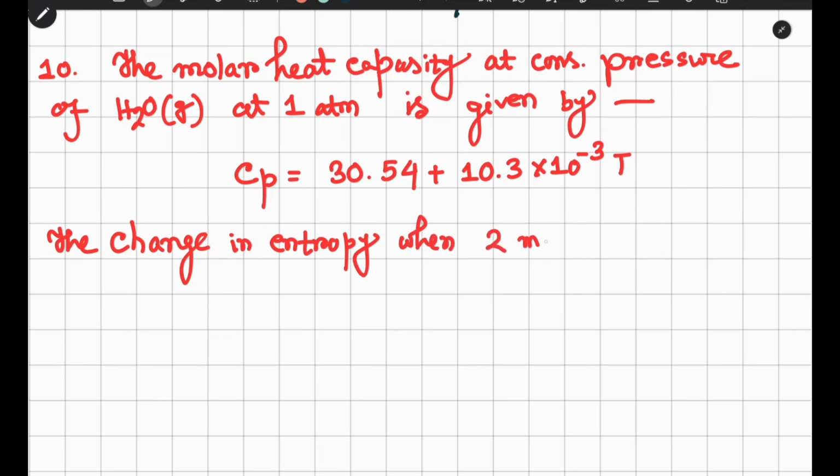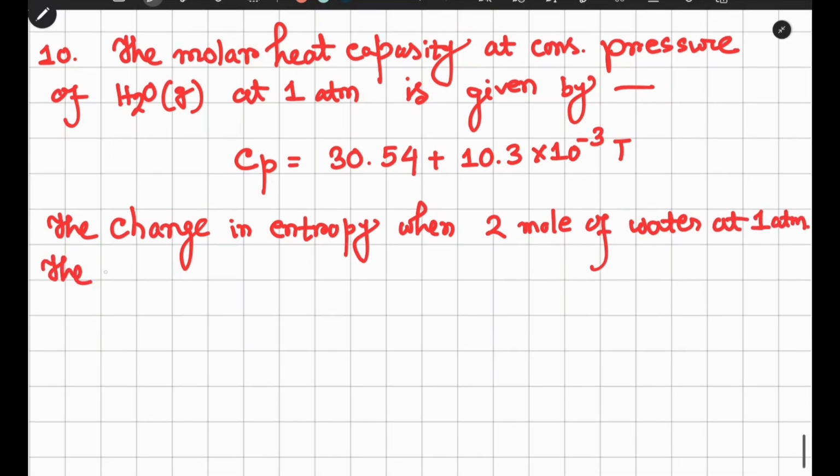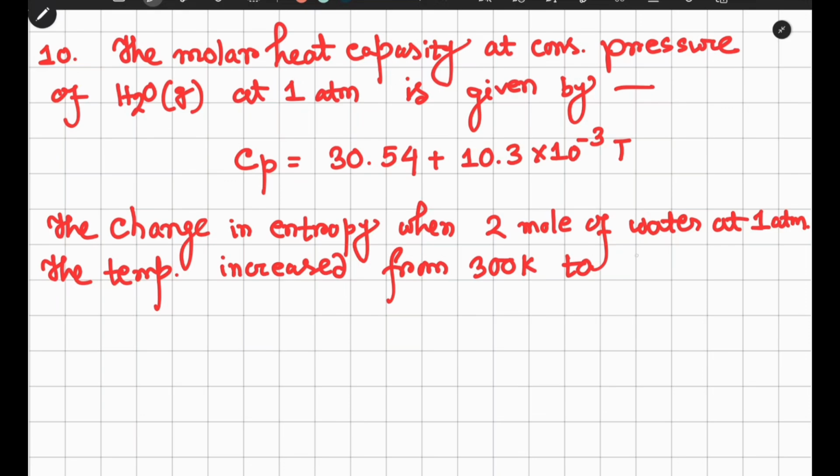when 2 mole of water at the same pressure of 1 atm, the temperature is increased from 300 Kelvin to 1000 Kelvin.